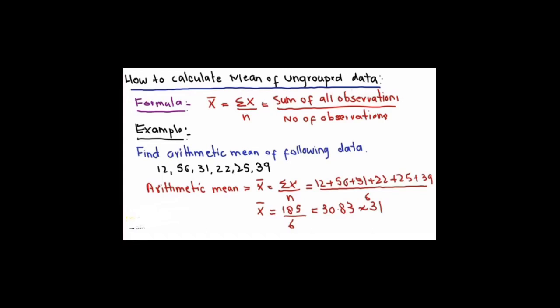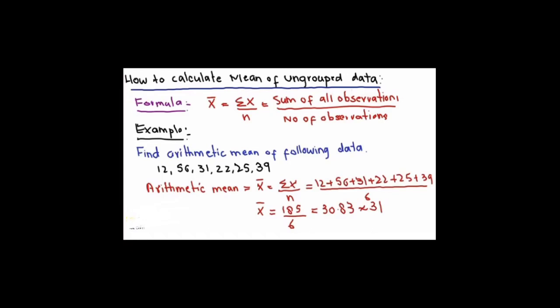Using the formula, let us first add all the values of x: 12 plus 56 plus 31 plus 22 plus 25 plus 39. This comes to 185. The total number of values is 6.